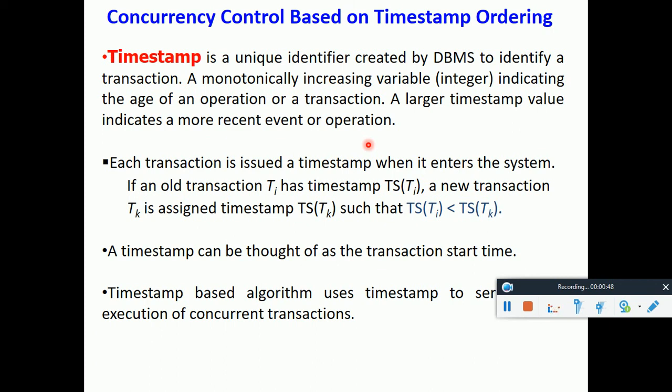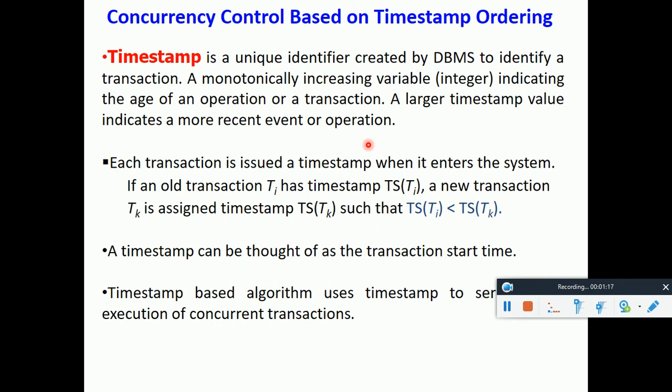Suppose my birth year is 1977 and your birth year is 1999. So who is older in comparison? Because my birth year is 1977 and yours is 1999, I am older than you. But the value of my timestamp is 1977, which is smaller than your timestamp, 1999. So I have a smaller timestamp value, but I am older.